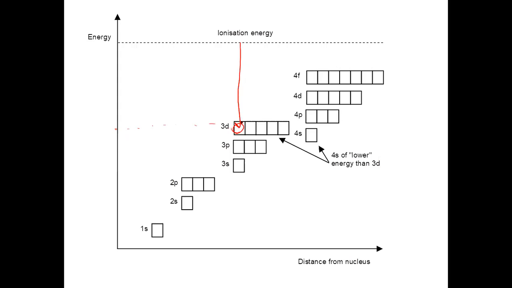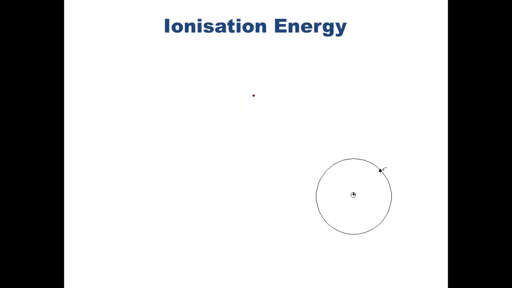So if I want to remove this electron, this is the amount of energy that I'm going to have to add, okay? And that is going to be our ionization energy: the amount of energy needed to add to an electron for it to be removed.